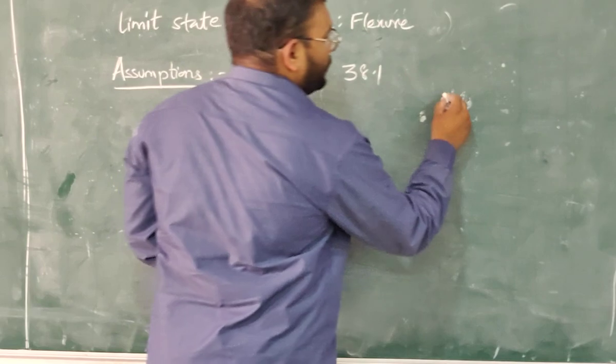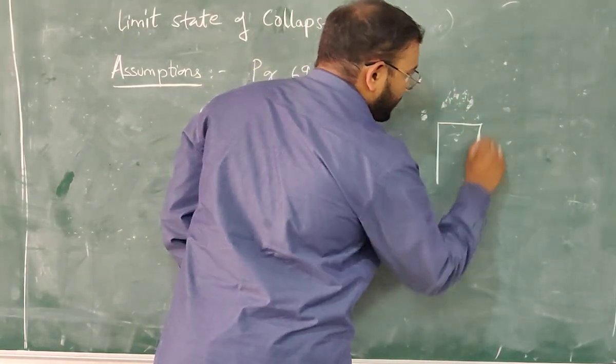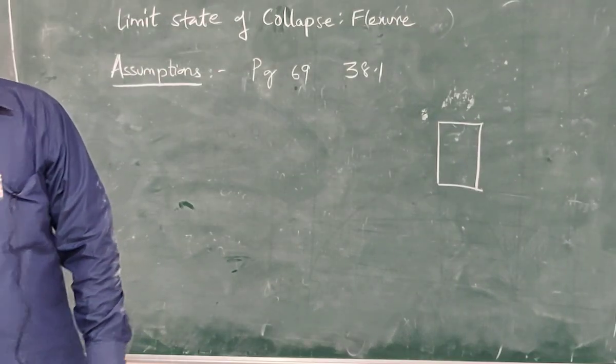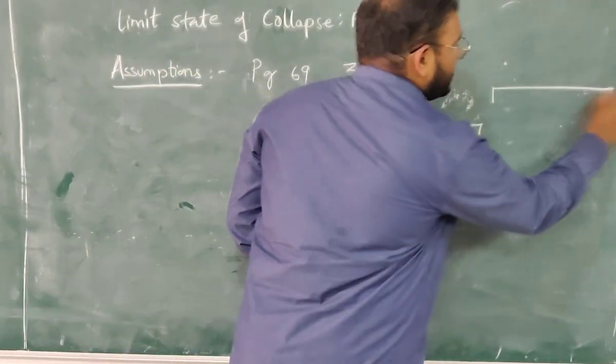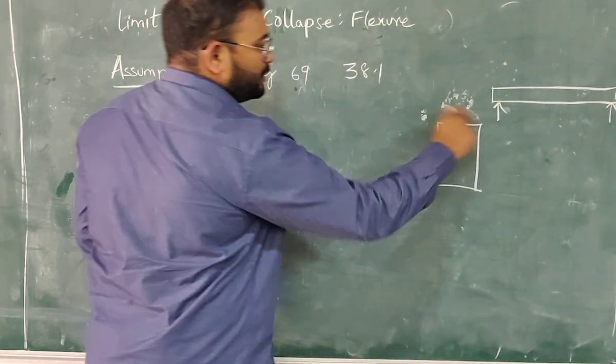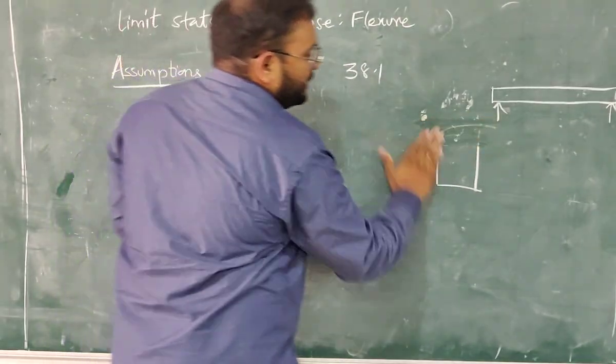So what this means is, suppose you have a beam which is rectangular in cross section. This is the cross section of the beam and this is the span of the beam.